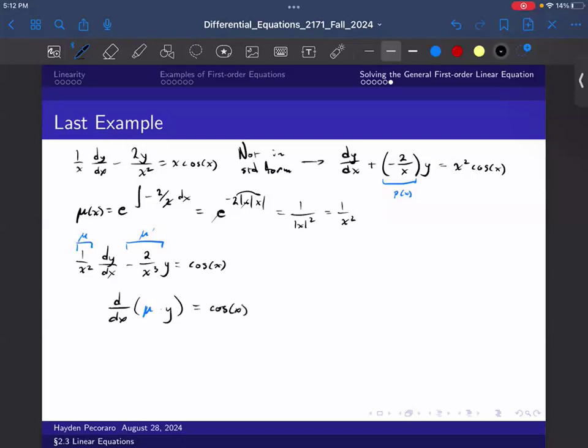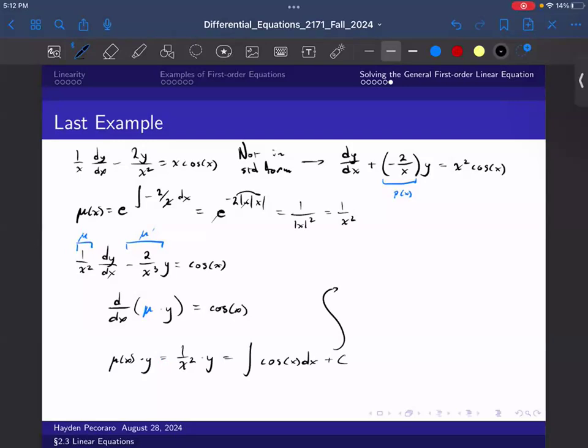And now I just integrate both sides and I get mu of x times y. Mu was 1 over x squared times y equals antiderivative of cosine, plus c right there. And we get, what do we get? Antiderivative of cosine?